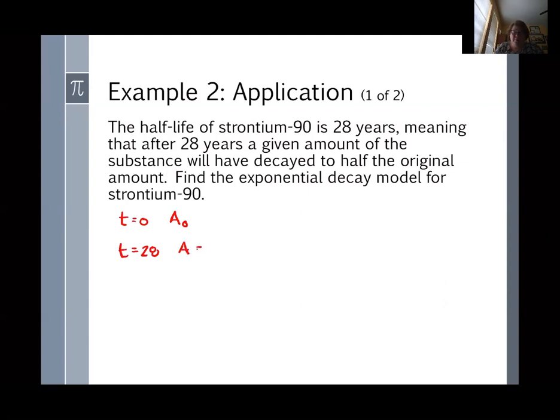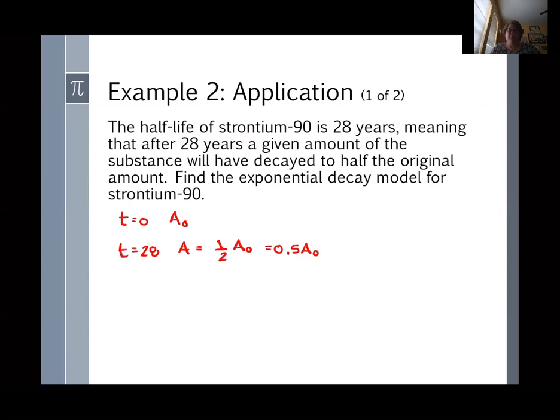So A, the amount that I have after 28 years, is half the amount that I began with. You could certainly write this as 0.5 A sub 0. So after 28 years, I only have half of what I began with.